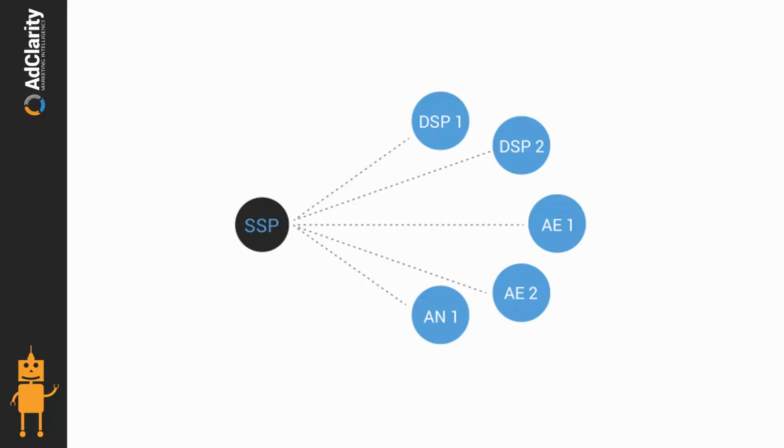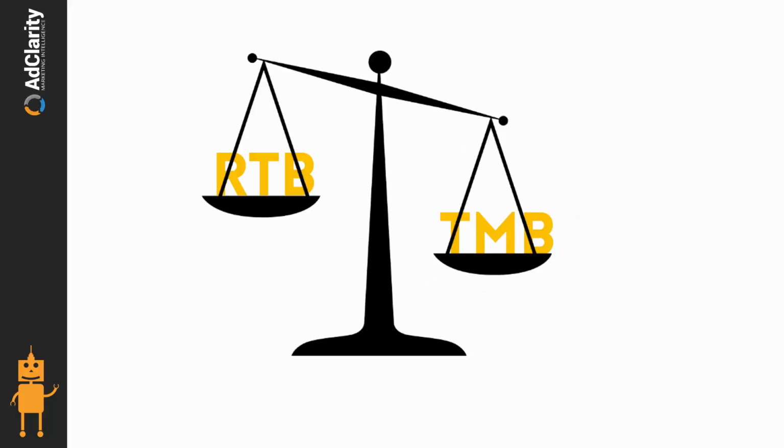And the reason it's important to note this is because if you're an advertiser and you're working with a certain platform that works with a specific SSP that has traffic you want, you need to make sure that you're not on the bottom of their list in case they do a round robin. You need to be working with the highest ranking DSP, ad exchange, or ad networks in the eyes of the SSP.